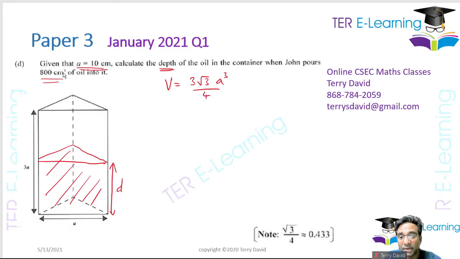That's the formula to get the volume of any liquid, the volume of a solid that is shaped like this, right? Now they told us that A is equal to 10. So we know that A is equal to 10 in this scenario. And you know what the volume of the oil is? The volume of the oil is 800 cm cube, right? That's the volume of the oil. Now let's make sure we're doing this properly here, right?